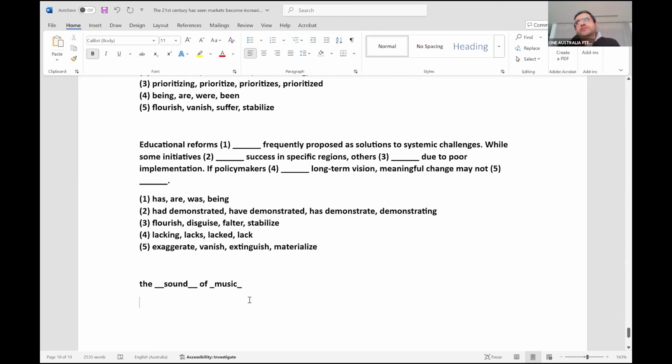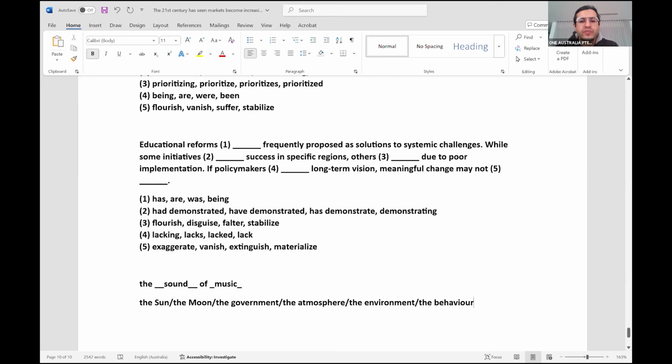The second rule is when you're talking about something very specific, for example, the sun, the moon, the government, something specific, the atmosphere, the environment, the behavior.